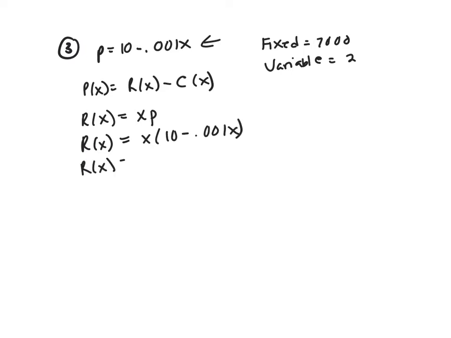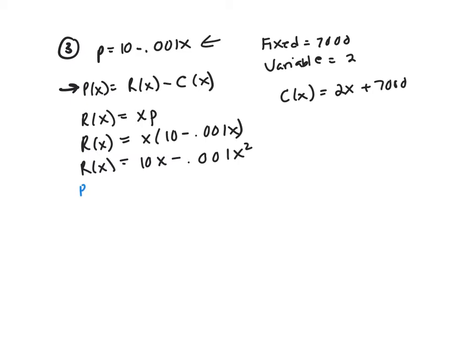So R of x is 10x minus 0.001x squared. Now we're trying to find profit. We still need to know the cost function. The cost function will be variable cost, which is 2 times each unit to make, plus the fixed cost of 7,000.